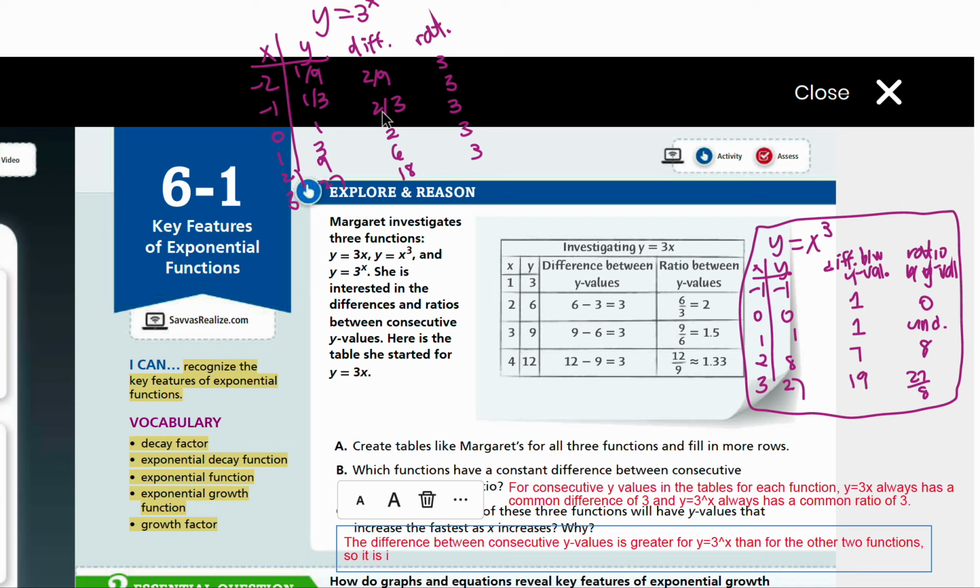So it is increasing, this is decreasing. So y equals 3x. No, 3 to the power of x. So it is increasing the fastest.